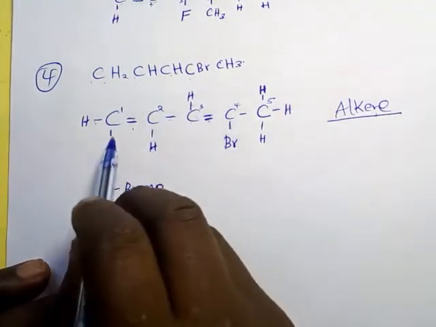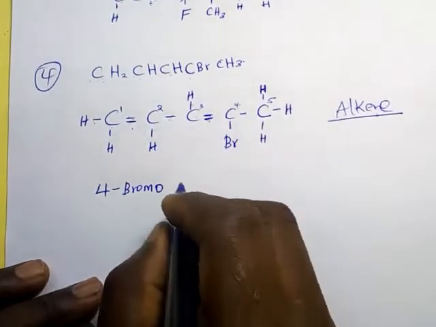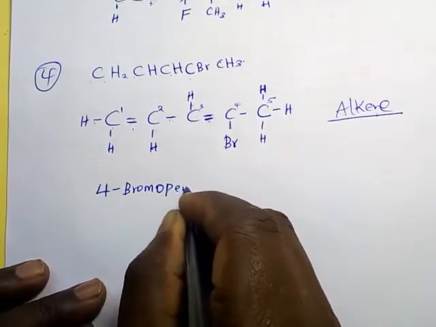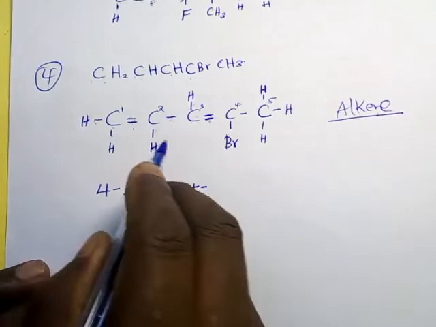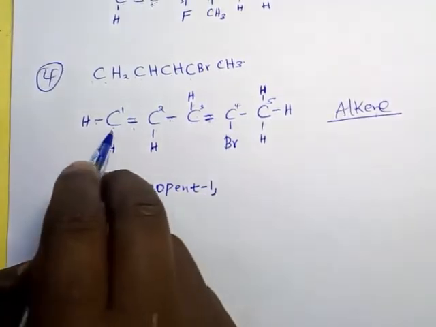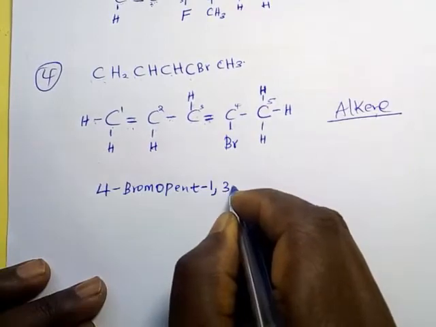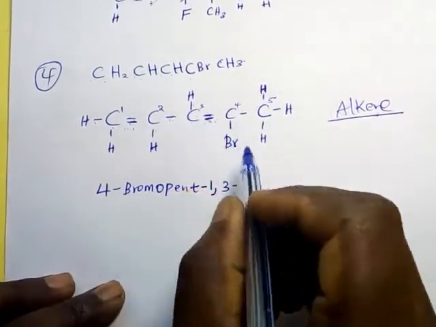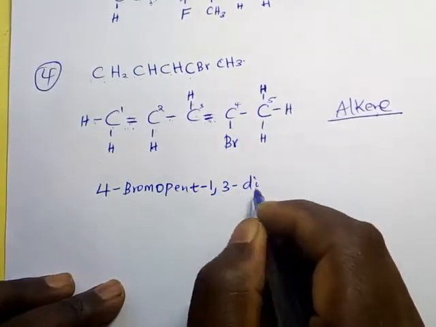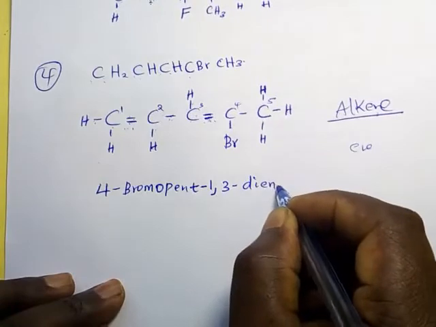right? And then we have 1, 2, 3, 4, 5. So it is pent, on carbon number 1, comma, on carbon number 3, we have two functional groups, which is an alkene. Therefore we call it di because of 2, and then ene, diene.